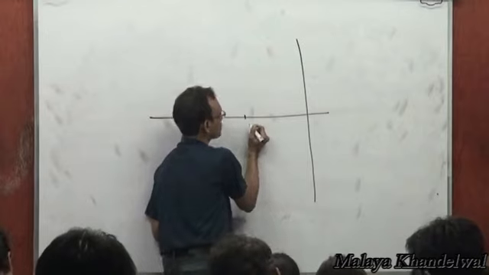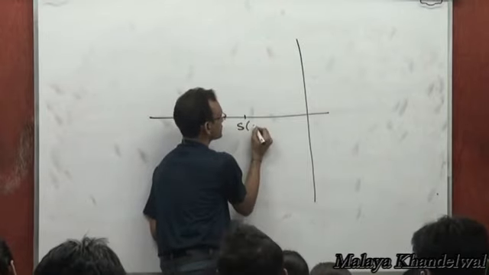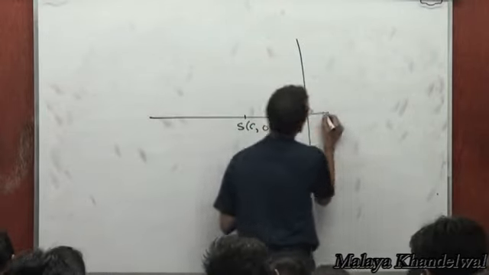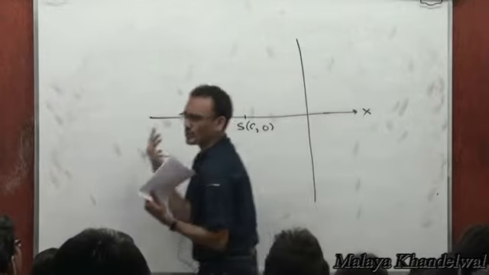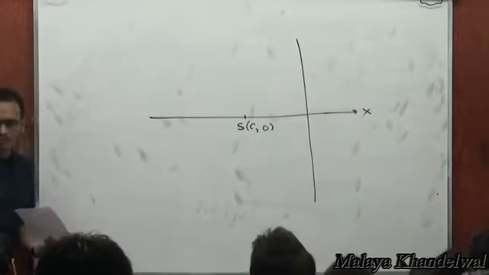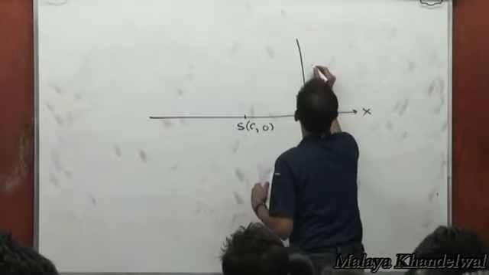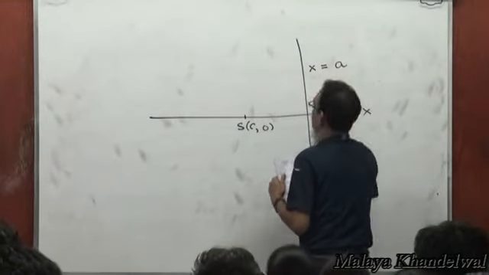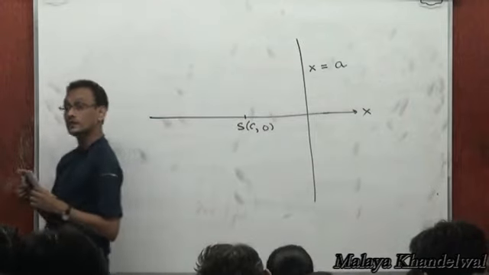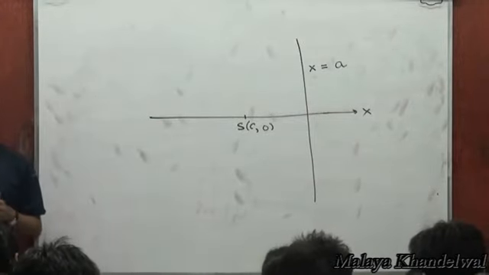Say this is a focus S, which is some c comma 0. I can choose to call the major axis the x-axis. Who stops me from doing that? This would be of the form some c comma 0, and then the directrix would be, let's say, x equal to a.